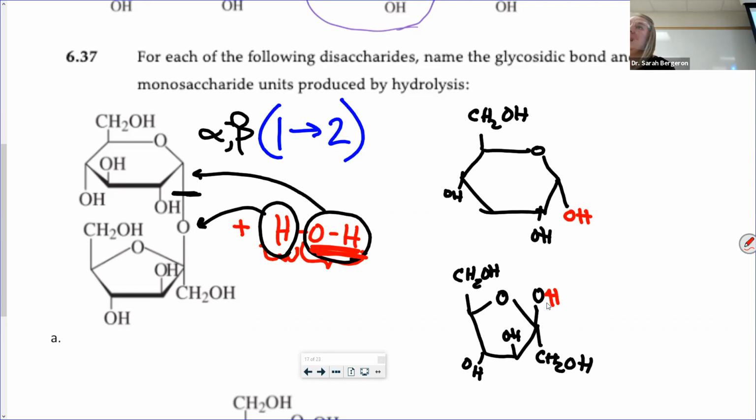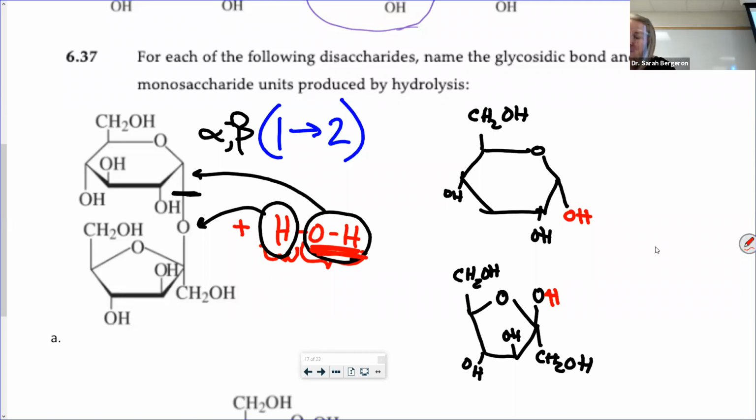A lot of people just forget that oxygen and then put a hydrogen in and go, I'm done. So we're going to try not to make that mistake, right? And put that oxygen. That's why I draw them in different colors, so that you can see that you kept this oxygen, that's the black oxygen, and you picked up just the red hydrogen. So if you need to do your homework in colors, that's cool too.